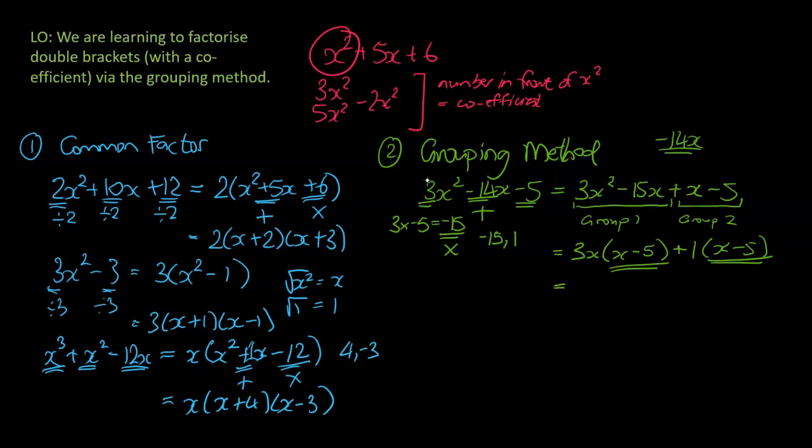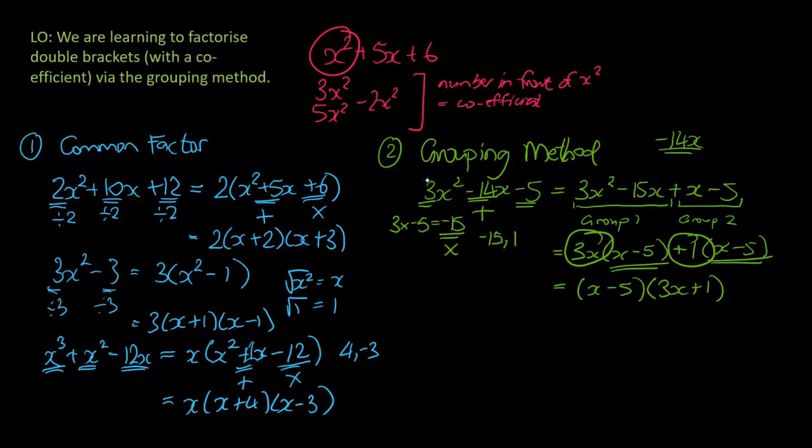So I want you to put that bracket out first, x minus 5, because that bracket came up twice. The leftover portions, 3x and the plus 1, form the second bracket. And that would be the factored version of 3x squared minus 14x minus 5.